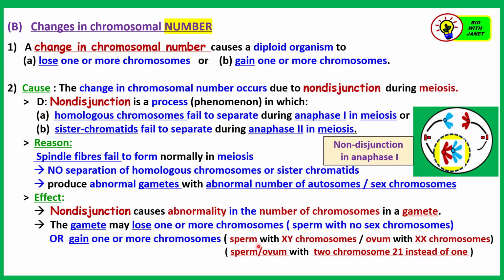Okay, but abnormal sperm formed through non-disjunction may have 2 sex chromosomes, X and Y together, in the sperm. Ovum with XX chromosomes instead of just 1 X chromosome, ovum or secondary oocyte. Now, another abnormal situation is when the sperm or ovum has 2 chromosomes number 21 instead of 1 chromosome 21.